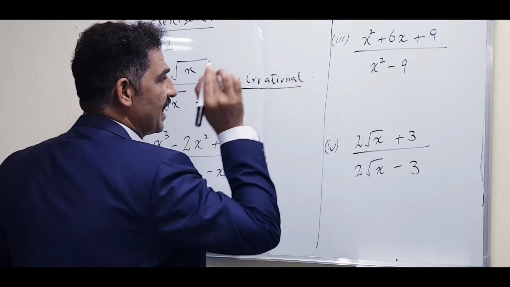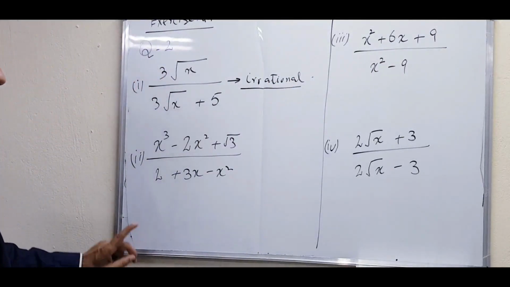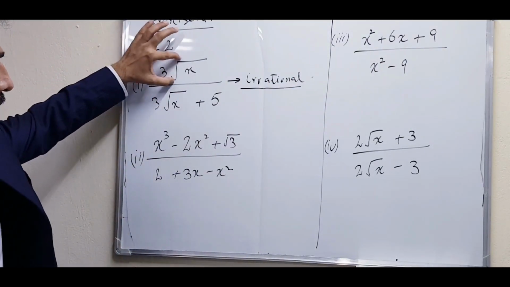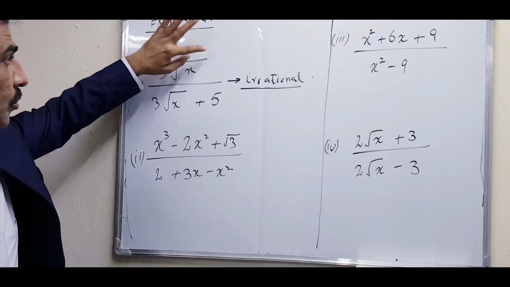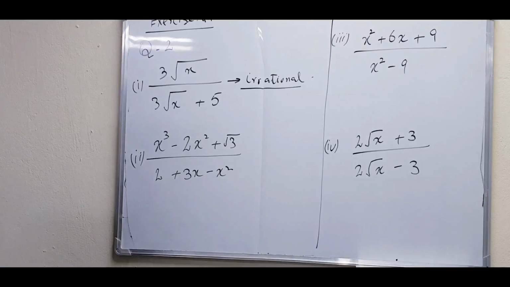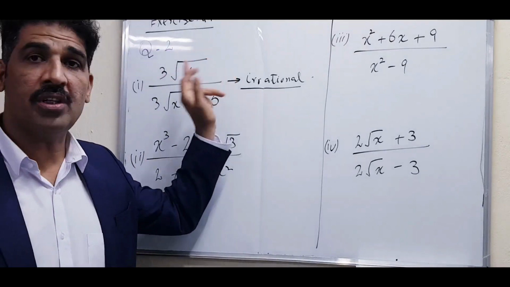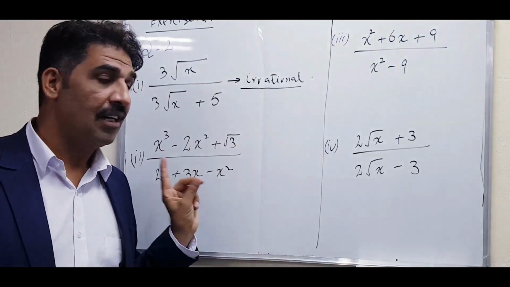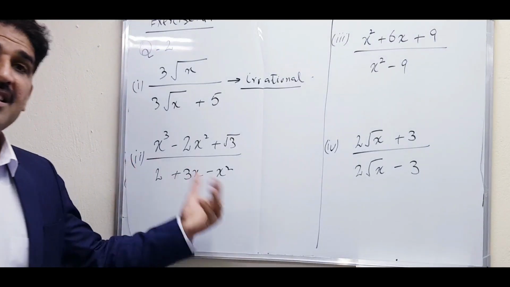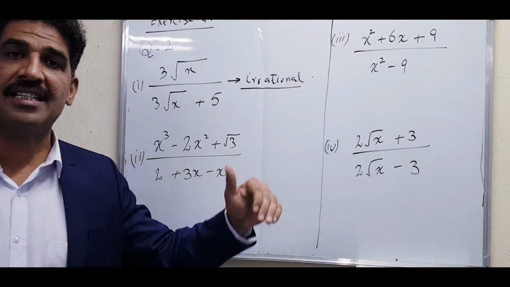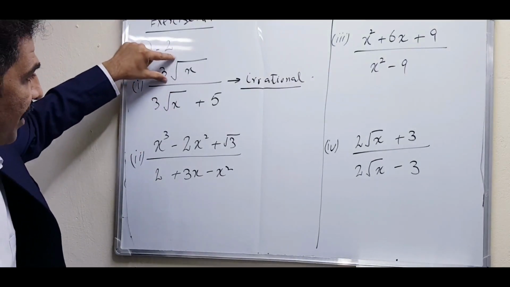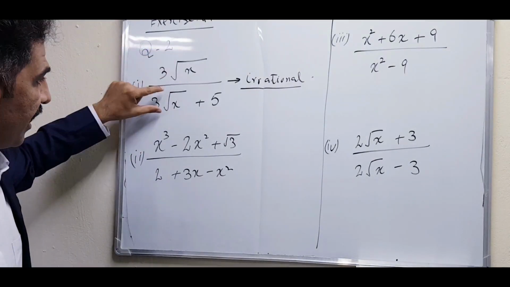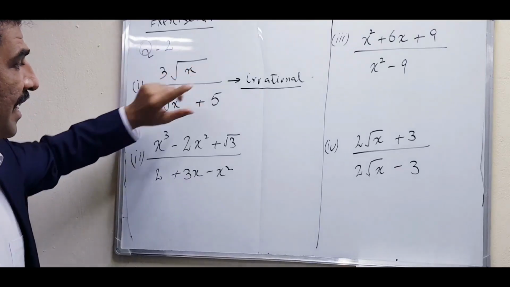Why is it irrational? The reason is this root, the square root. Because the square root of a variable that is not a perfect square makes it irrational. Here you can see x has a root, and here x also has a square root, so that is irrational.